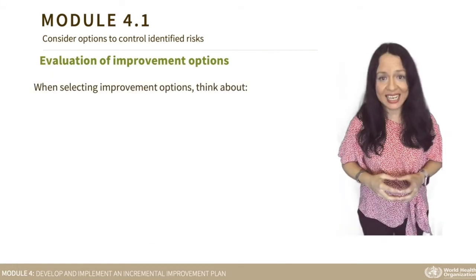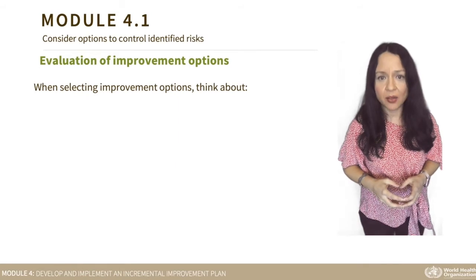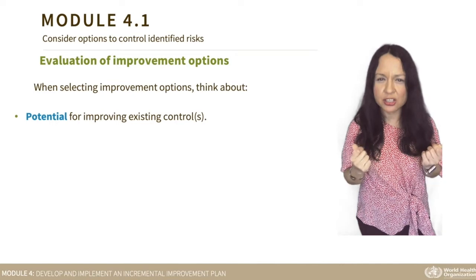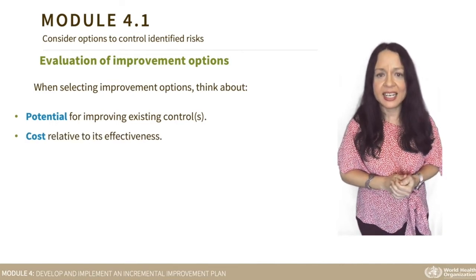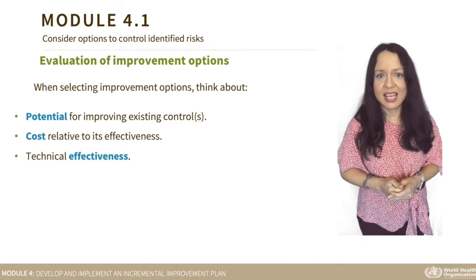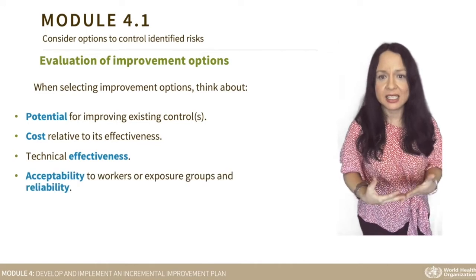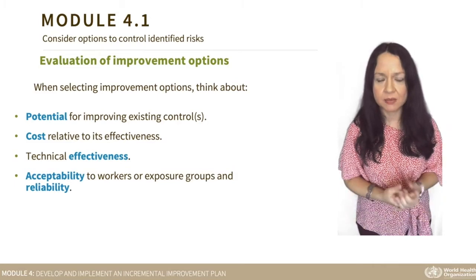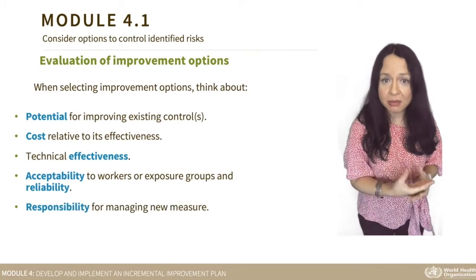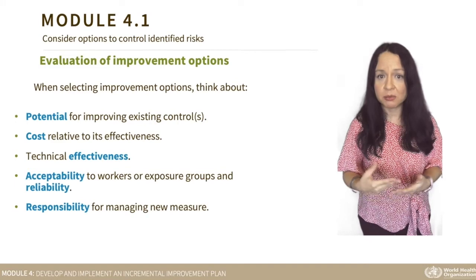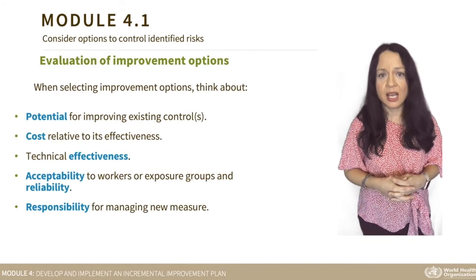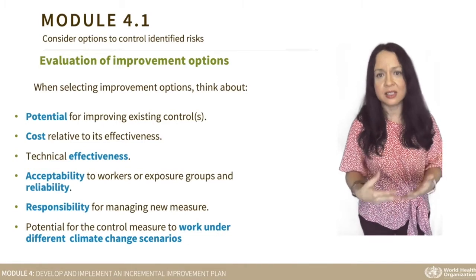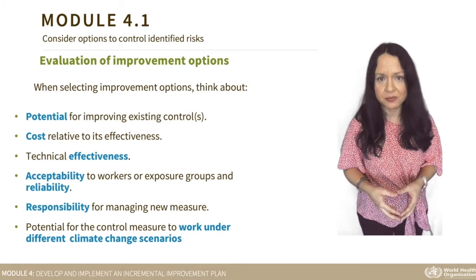Now, when selecting control options, take into account the potential for improving existing controls, the cost of the control options, the technical effectiveness, the acceptability and reliability of the controls in relation to local cultural and behavioral habits, the responsibility for implementing, managing, and monitoring the proposed new controls, and the potential for the control measures to work under different scenarios of climate change.